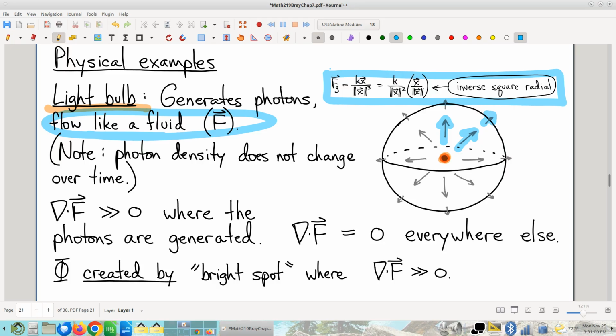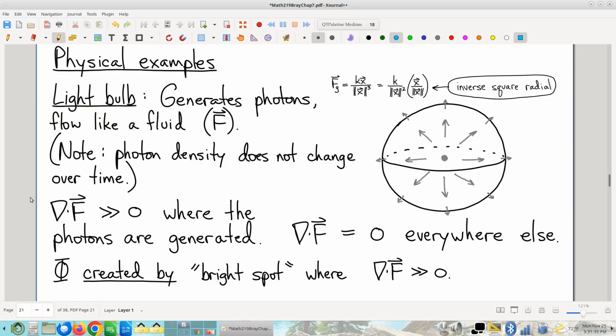If you think about it, as photons go farther from the bulb, they also get farther from each other. In fact, the photon density is less farther away from the bulb and greater closer to the bulb. There are just more photons closer to the LED. Does that make sense to everybody? So there is therefore more flow per unit area. Okay, so inverse square radial, that's going to be relevant to us in a few minutes.